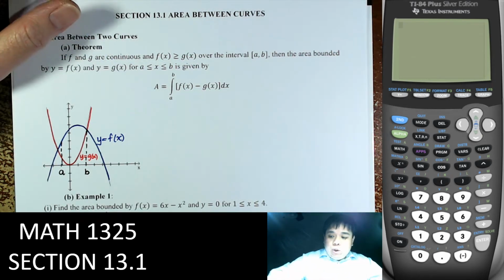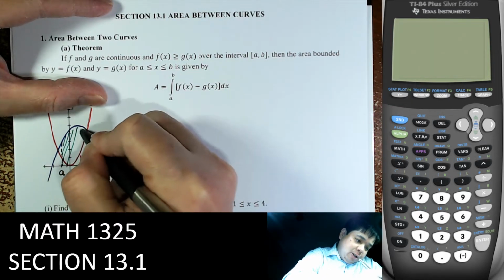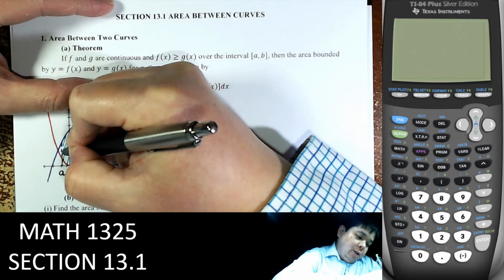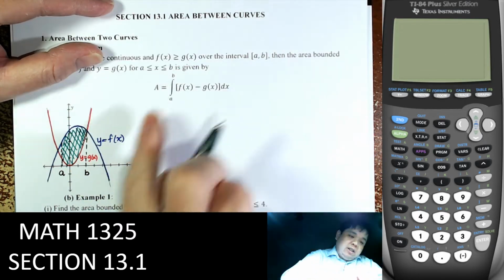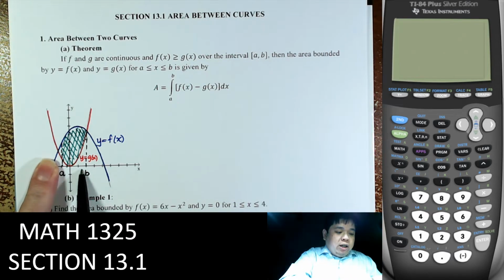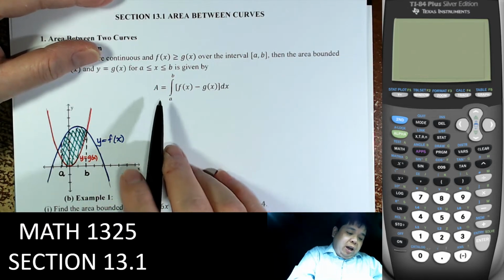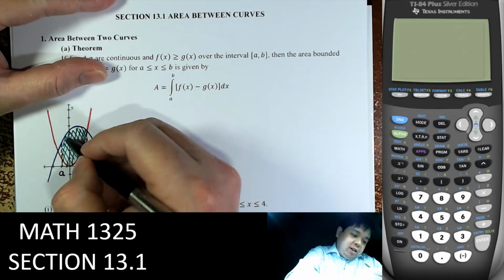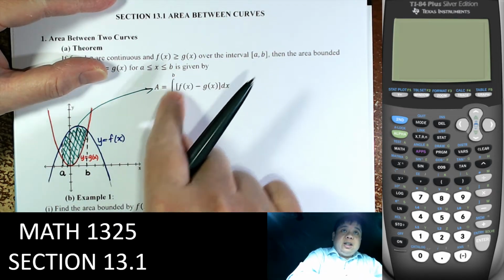So the area between two curves, from A to B, the function f of x is above the function g of x, so we subtract them and integrate from A to B. So that area is given by that integral.